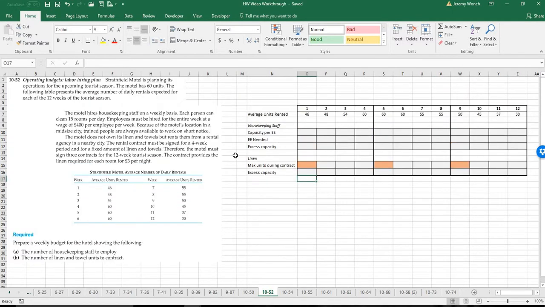For the housekeeping staff, the first thing we want to know is the capacity per employee. So how many rooms can each employee clean? That's 15 rooms per day in the problem, so we'll just plug 15 in across the board here.